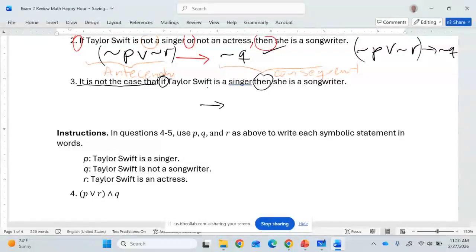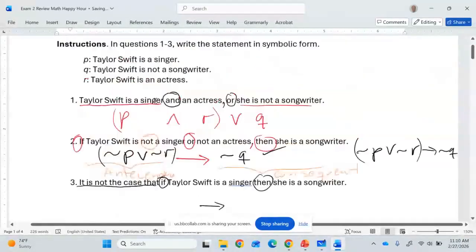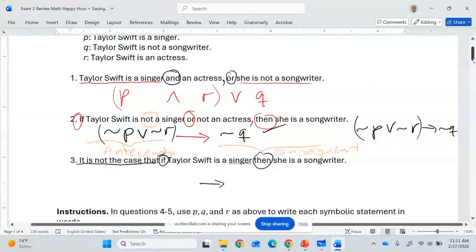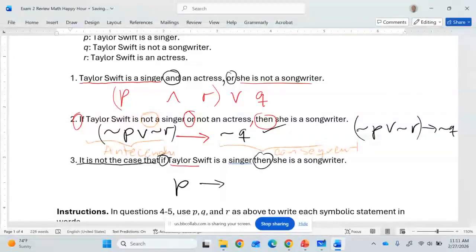And then I'm gonna ignore the first part, it is not the case, and I'll continue by saying Taylor Swift is a singer. So I'm gonna go back to my variables. That is actually P, Taylor Swift is a singer. Let me see if I can put them halfway where we can see. So here, that's P. This part is P. I'll highlight it again.